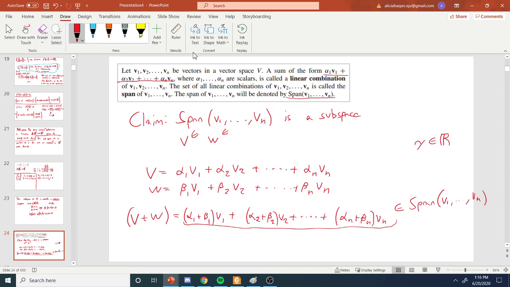So say I have a gamma here, and I multiply my vector v by gamma, then I see that gamma times v is going to be gamma alpha 1 times v1 plus gamma alpha 2 times v2 plus and so on up to gamma alpha n times vn. And likewise, this is also of this form. It's a linear combination, which means it lies inside the span of v1 through vn. So this is the notion of span. And span gives us yet another way to construct subspaces.